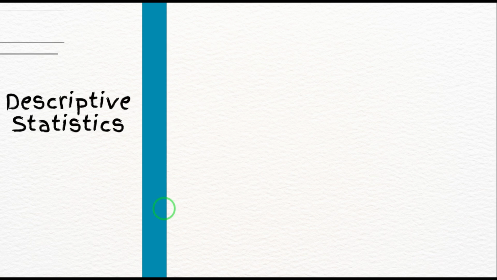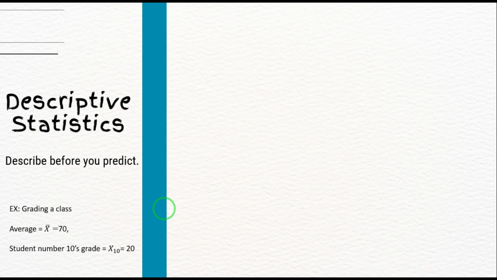So once we have our data, what's the first thing that we do? Correct, we describe it. Descriptive statistics, things like mean, median, and standard deviation, help us get a feel for what's normal, what's unusual, and how spread out our data is. So imagine you're grading a class.